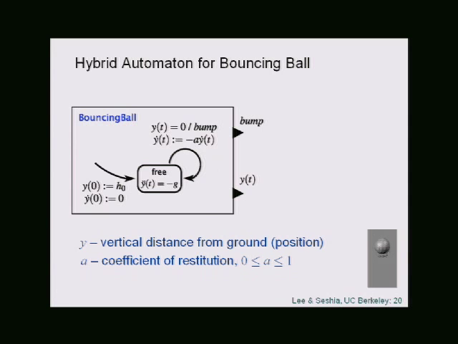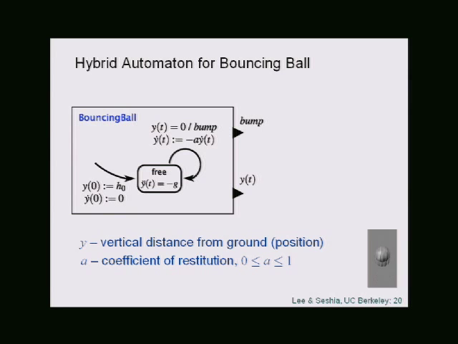So can someone tell me, if I were to plot y of t against time, what would that look like? What is the shape of the curve that I would get? Okay, so it's going to be parabolic. If you plotted y of t, it would look something like this. It starts at h0, and then it decreases until it hits the floor at some time t1.